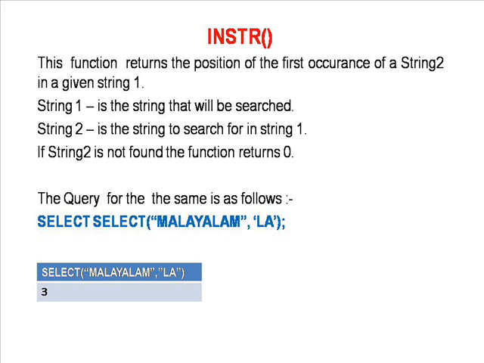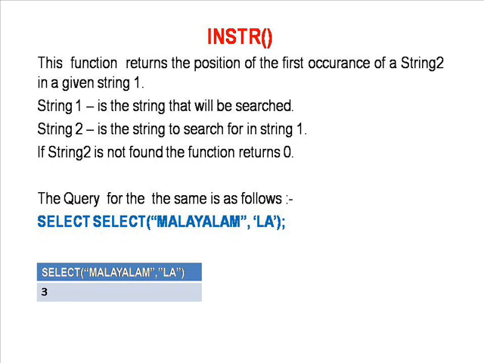String 1 is the string that will be searched, and string 2 is the string to search for in string 1. If string 2 is not found in string 1, the function returns 0.